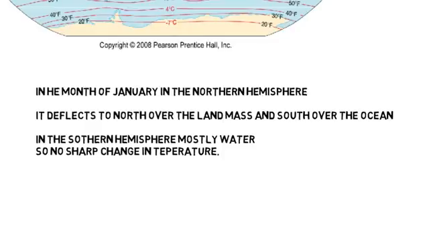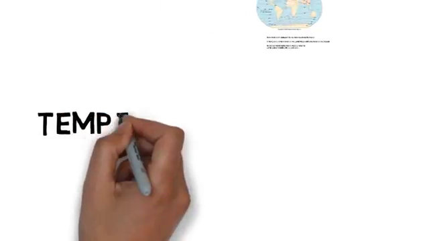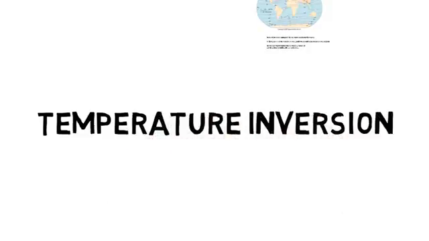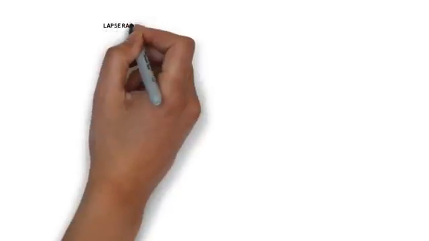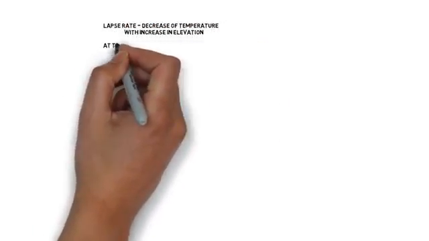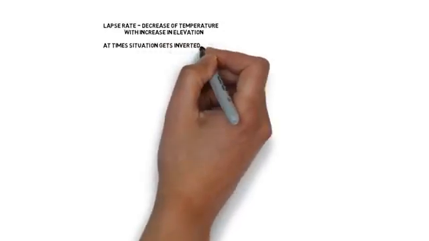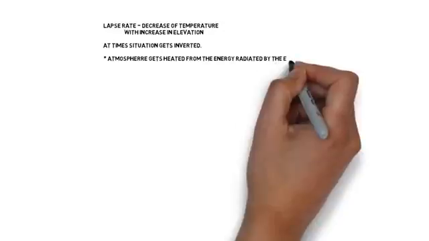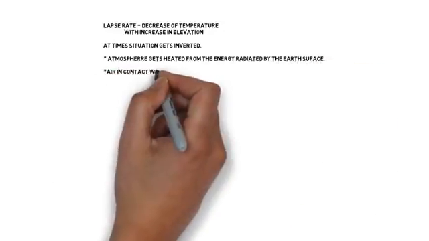Now the concept of temperature inversion. We learned that lapse rate is the decrease of temperature with increase in elevation. However, at times the situation gets inverted. Since the atmosphere gets heated from the energy radiated by the earth's surface, the air in contact with the earth's surface also gets warm.